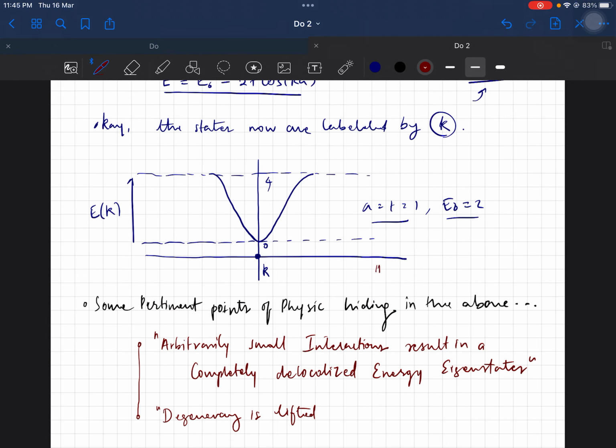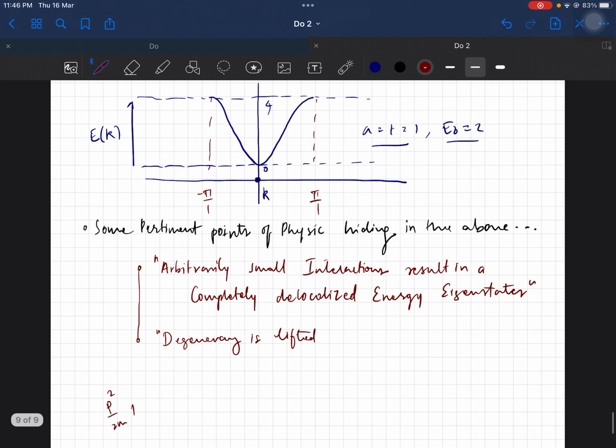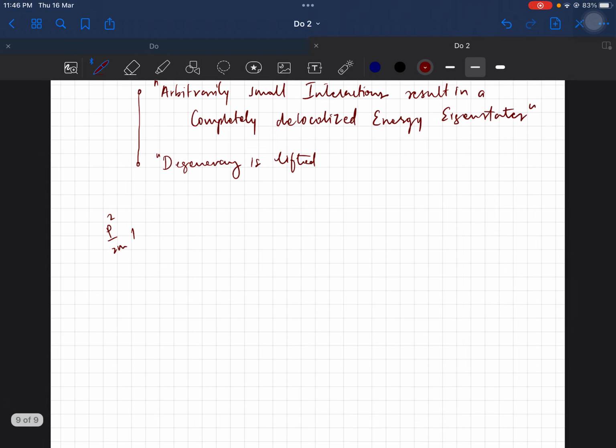It is plotted from minus pi to pi, in the first Brillouin zone itself. The degeneracy is lifted by the hopping parameter.